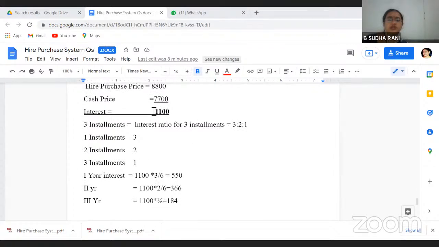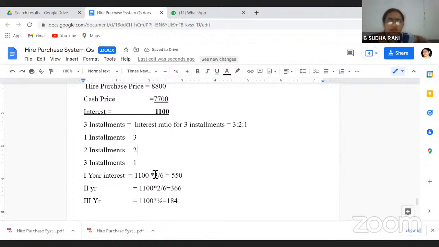So whatever the total interest is, you divide in this ratio, 3/6. How did you get the 6? I explained it in management accounting also. The first installment weight is 3. The total weight is how much? 3 plus 2 plus 1, 6. Right? So that is how you got the 6.